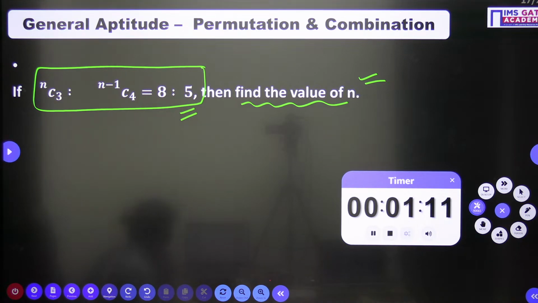Yes, everybody, just go for it. Yes, guys, had you tried?